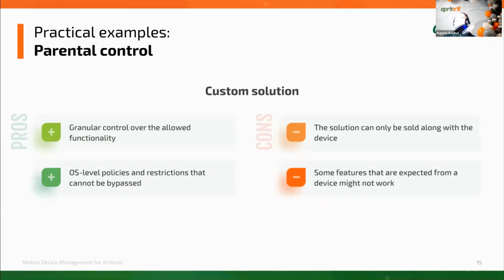And secondly, some features on modern devices will only work if the device is verified to be secure by Google, which is hardly achievable on custom firmware. One example of such a feature is NFC payments. So this approach once again provides the most control, but suffers from the lack of flexibility.